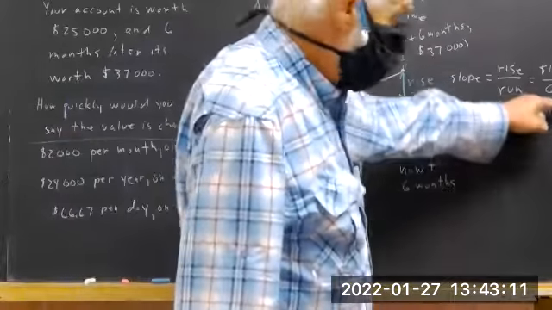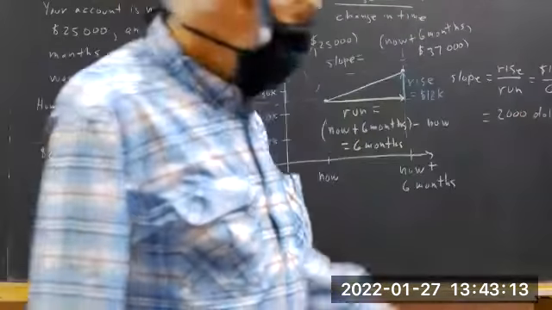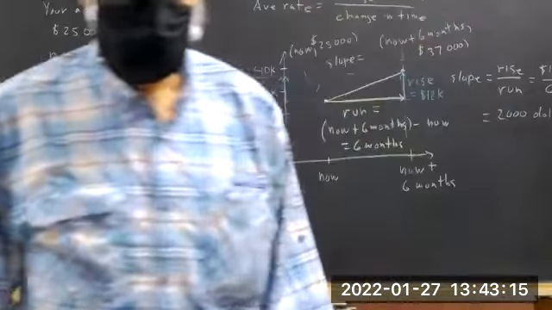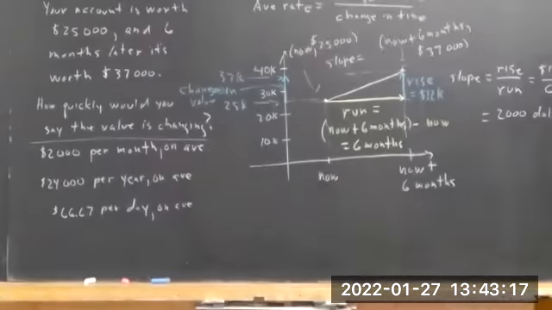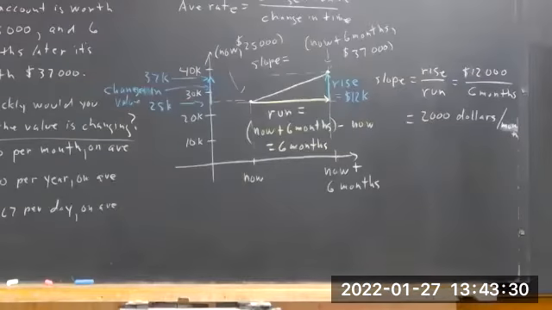Because you're dividing dollars by months. You write that as dollars per month. You want to understand this example very, very thoroughly so that you understand the concept of slope. And it's an easy example to understand.